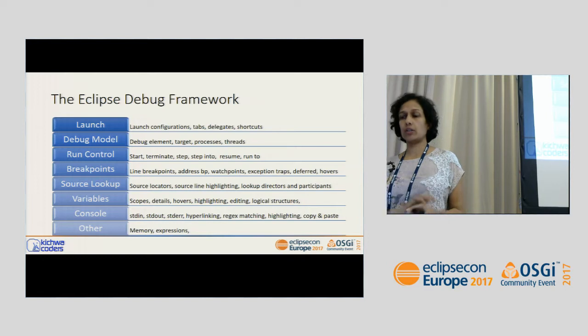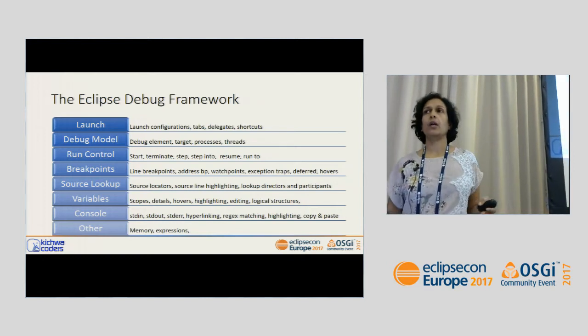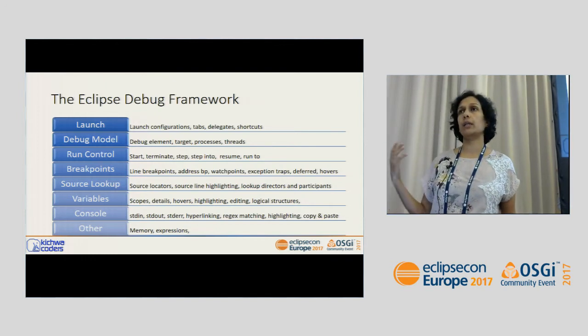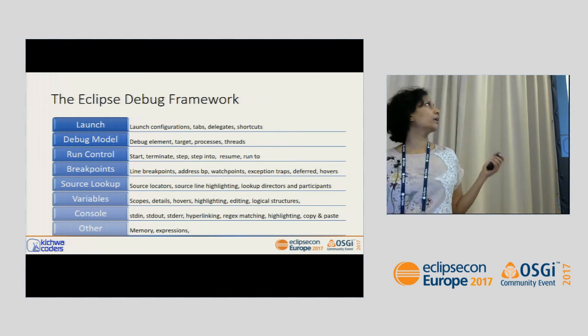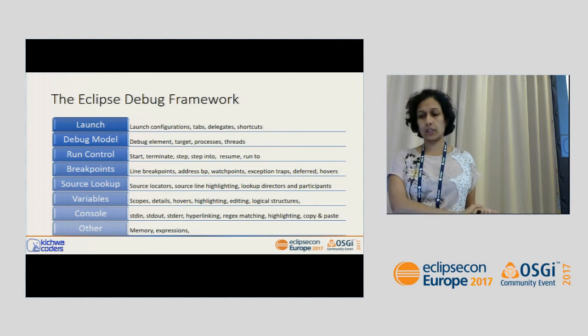Eclipse has the original fully featured debug framework, and when you break it down to what's involved with providing a good solid debugger, there are quite a number of things that have to be considered.